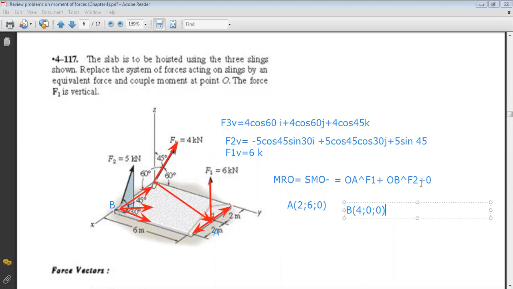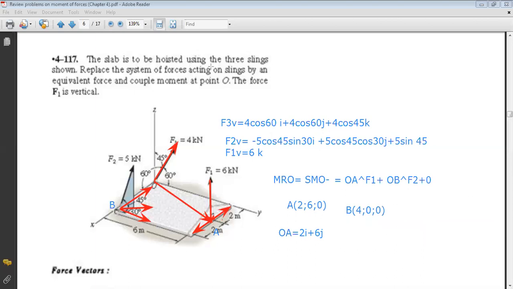Now to find the resulting moment, all you have to do is OA vectorial F1 and OB vectorial F2. Let us do, for example, OA vectorial F1. We can use the matrix method because OA is 2i plus 6j. If you want to find the moment of F1 about O, we can do either the expansion or the matrix.